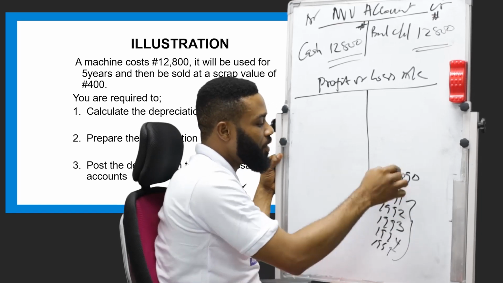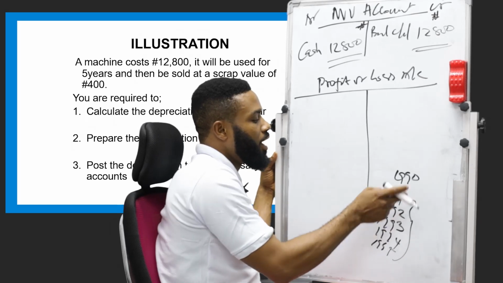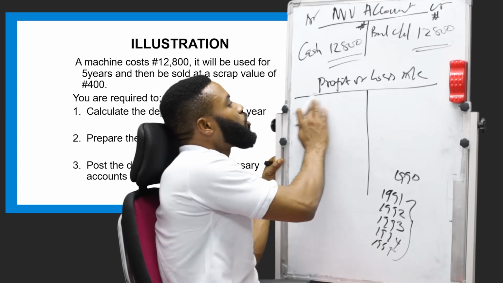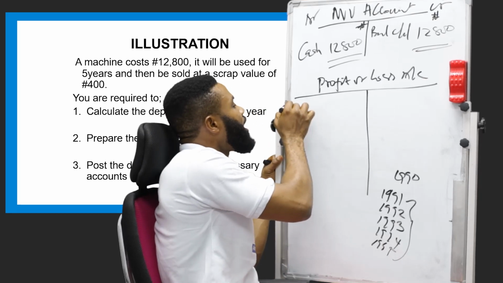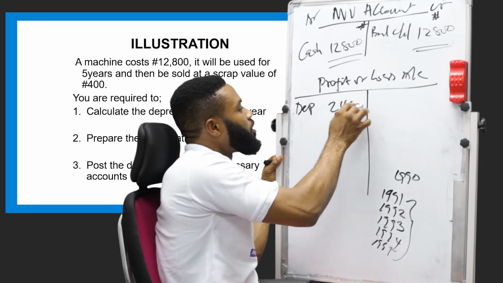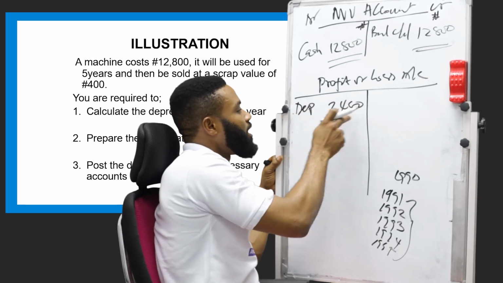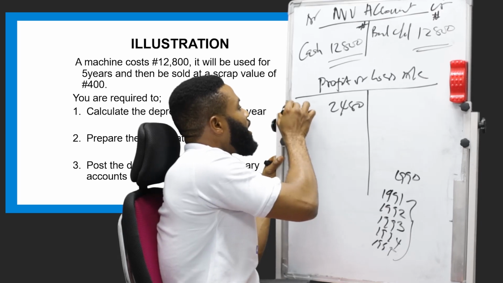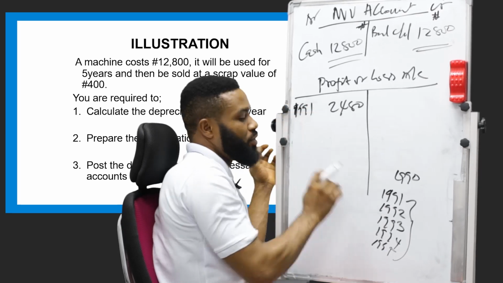You simply come here and write your depreciation for each of those years as 2480. That's for 1991 depreciation.